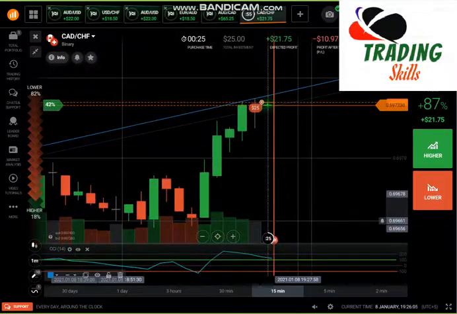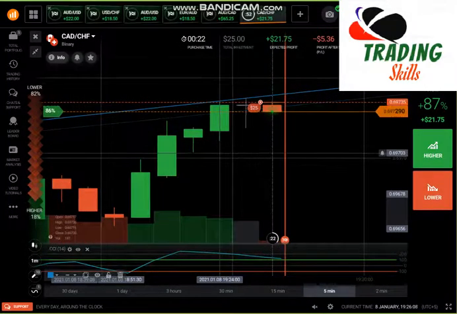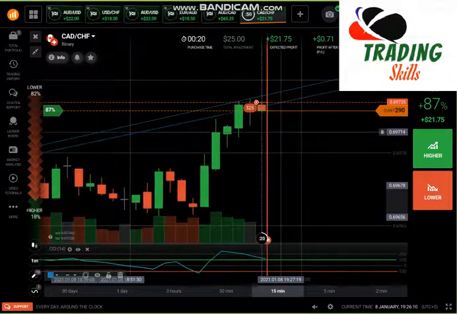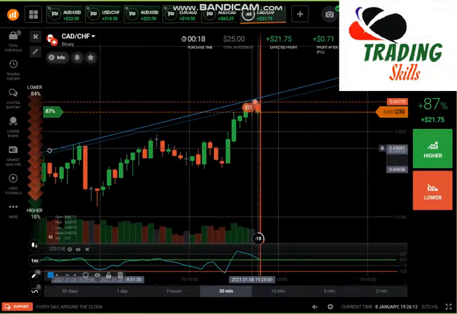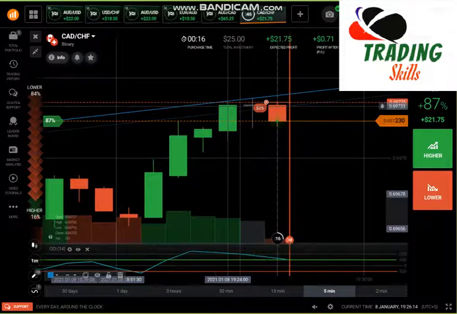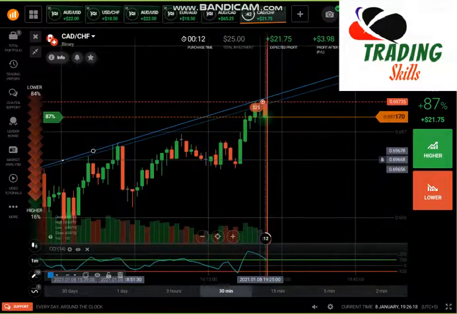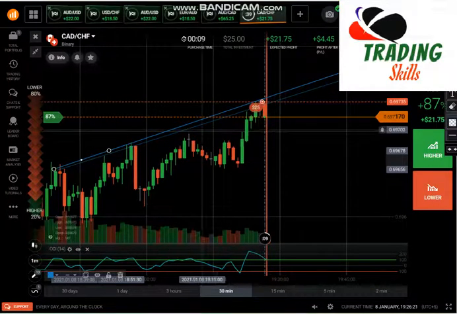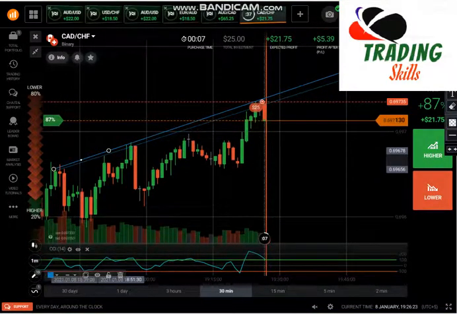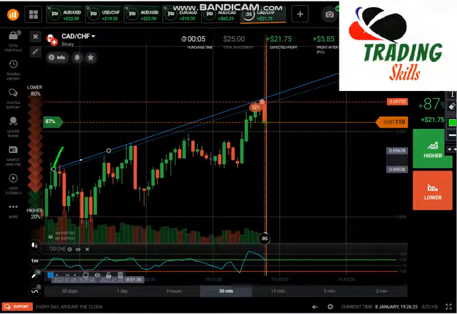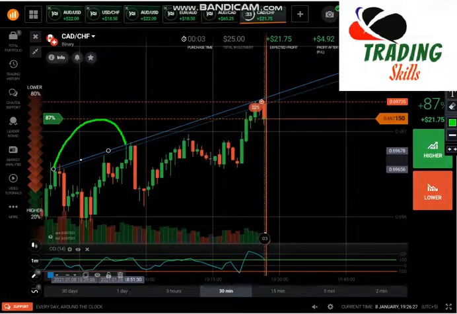Why? You can see I have drawn the levels here, and the strength of the buyers almost ends here. You can see it is very much visible. Now you can see here from this point I need to draw this area. From this point sellers are entering.